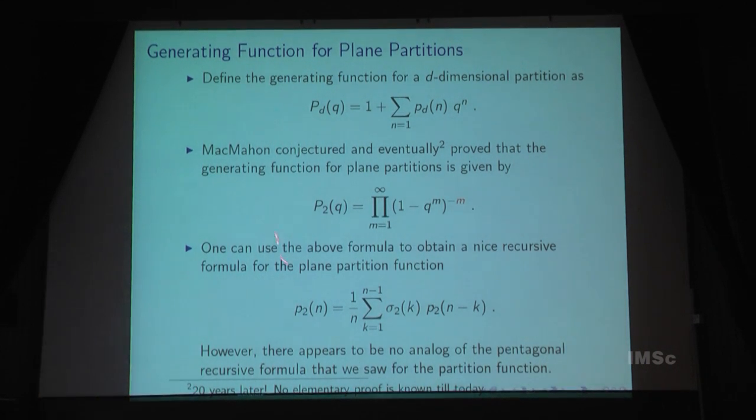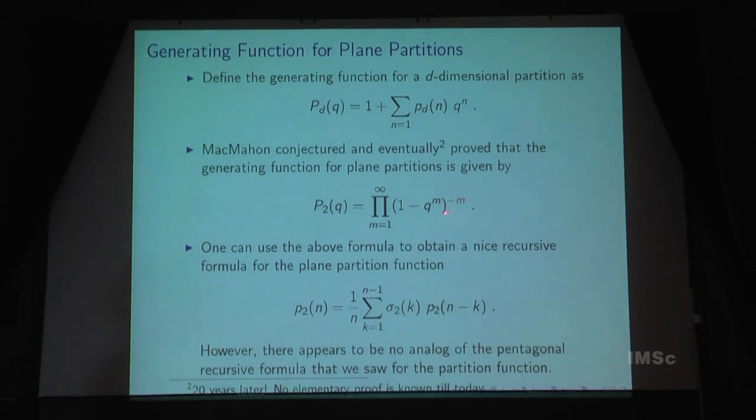Yeah. So similarly, you can go ahead and define the generating function for all d-dimensional partitions in the same fashion. I wrote it here in a different fashion. You always define P_d of 0 to be 1, so that you can make this sum go from n equal to 0 to infinity. Okay. McMahon conjectured, and eventually proved, that the generating function looked very similar to that of the normal partitions, except there was a tweak.